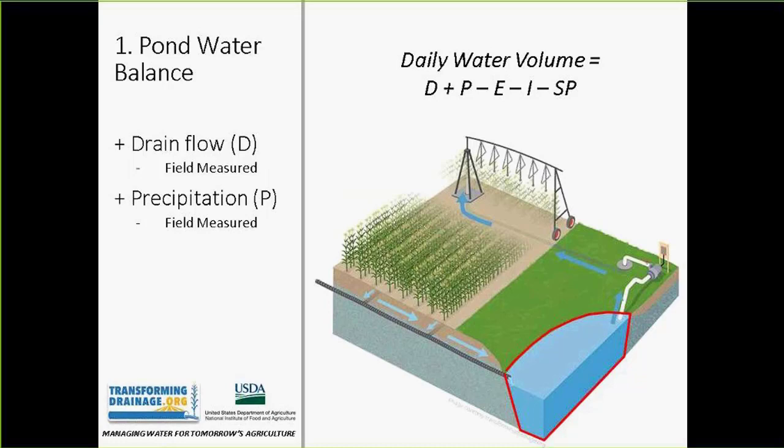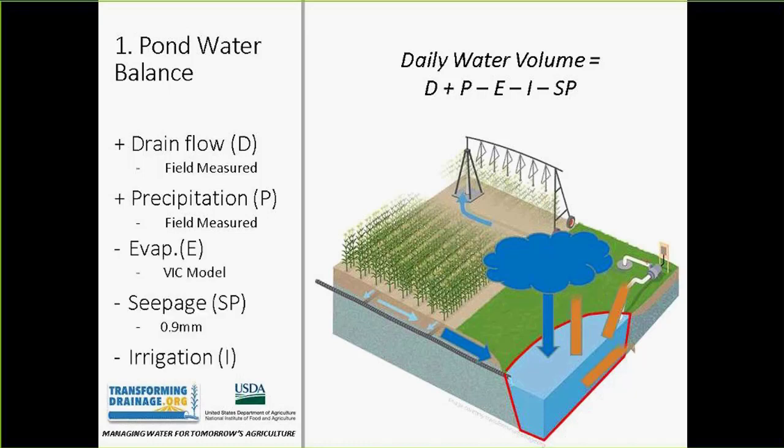Here we see the basic water balance that we're running for the pond. The primary inflows to that pond are natural precipitation onto it and the drain flow flowing through the tile system, and both of these in this case were field measured. Losses from that system are going to be surface evaporation, seepage losses, and irrigation withdrawals.